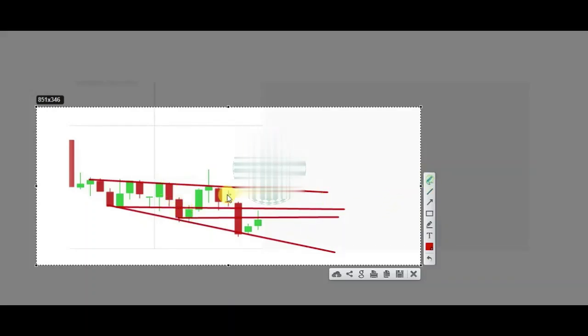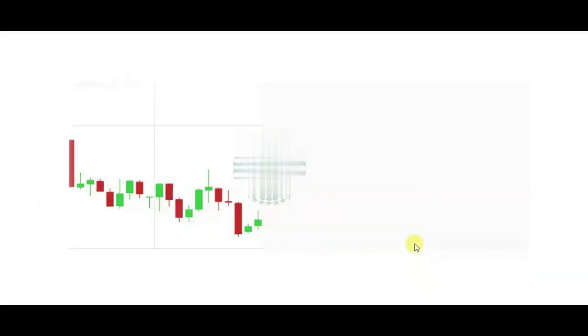I can see this is a support level till now. But after that, if there is any price action, like a red candle, then we can consider this will probably work as a resistance level too. So let's move to the chart.